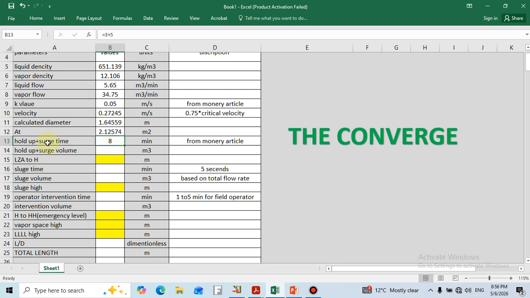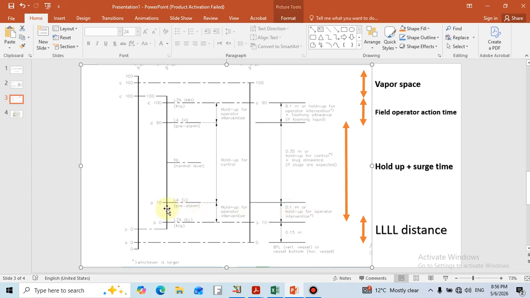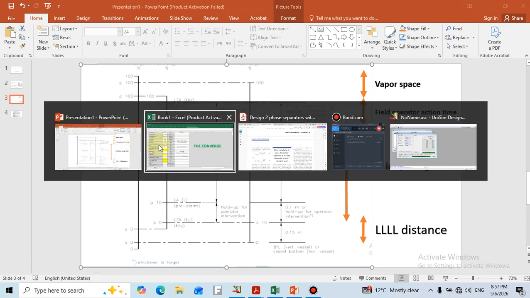I have talked about the summation of hold up and surge time according to the Monnery article. Let's calculate the volume between these two levels that is given right here. That is from the low liquid level to the pre-alarm, which is the high alarm on the DCS.